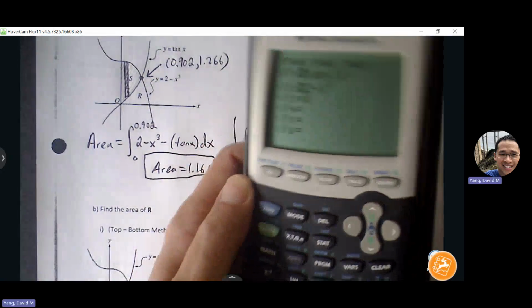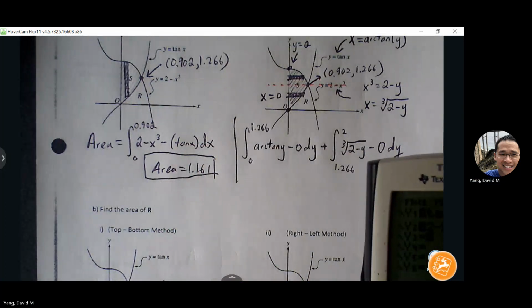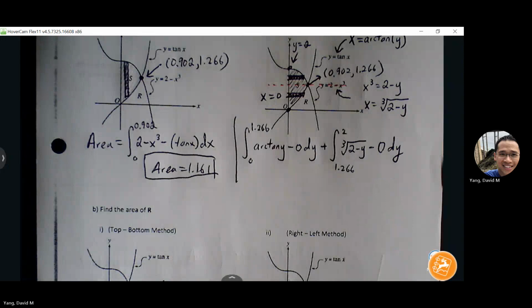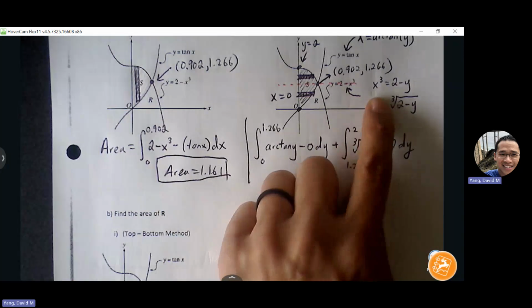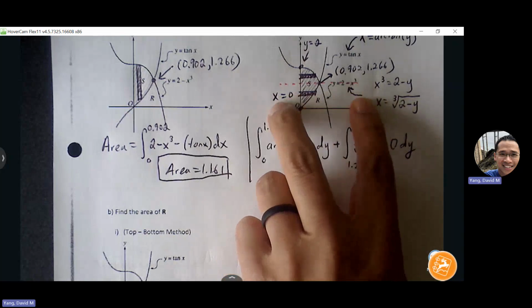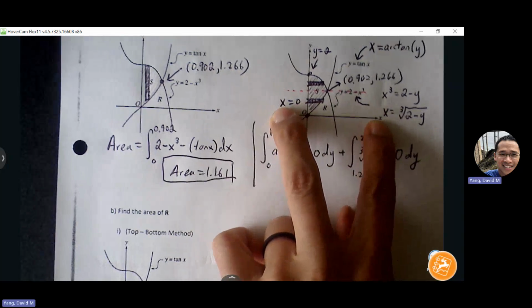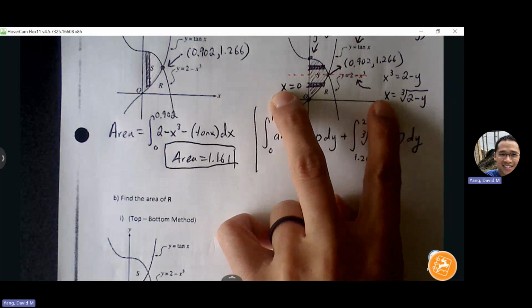I'm going to let y3 hold my arctangent of x. And then I'll let my y4 do the cube root of 2 minus x. Cube root is math 4. If we do math 4, you'll see that cube root show up. It's right. And a good way for you to ensure that you are in the proper form is if you're doing everything in terms of y, the left side will look like x equals.